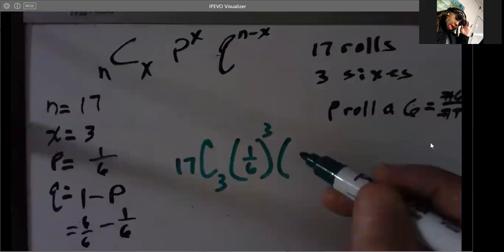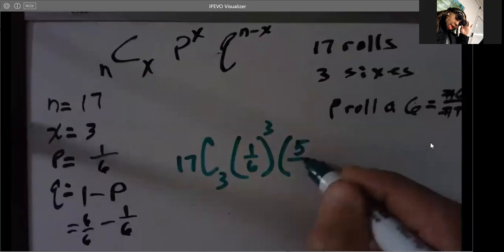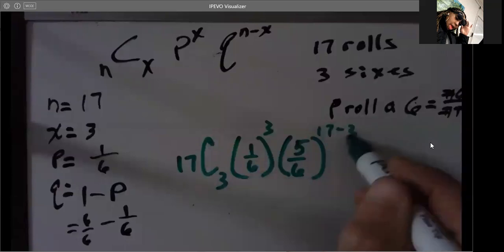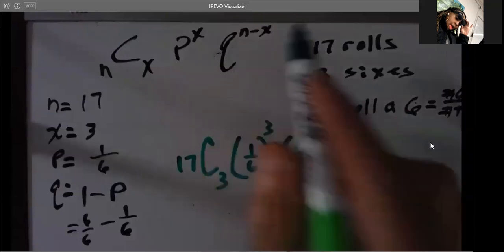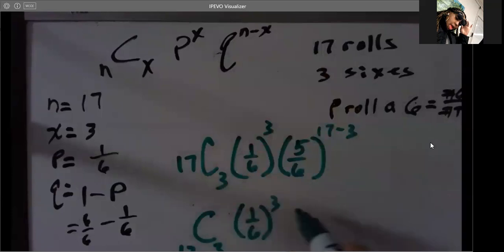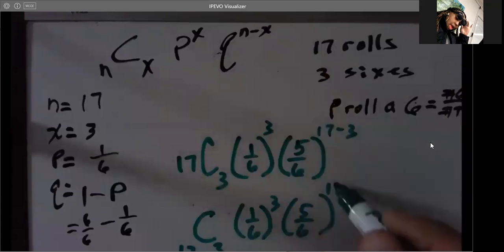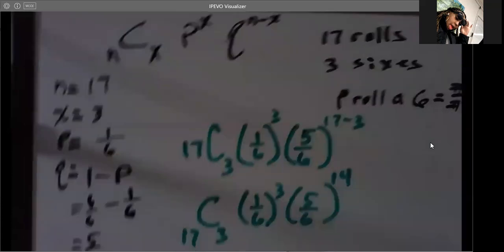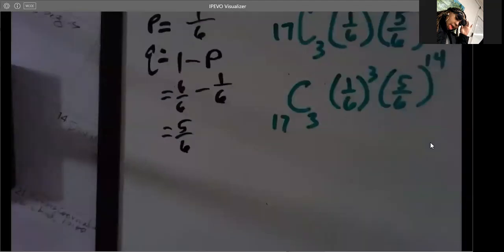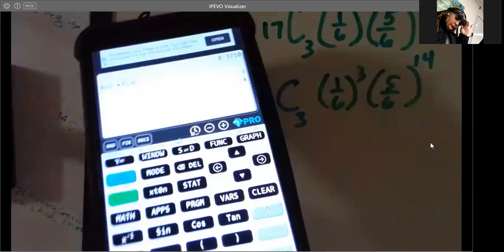And this will be 17 minus 3, n minus x. So this will be a combination of 17 taken 3 at a time, times 1 over 6 to the third, times 5 over 6 to the 14, since 17 minus 3 is 14. Okay? All right, so let's take a look and see what that looks like on the calculator.